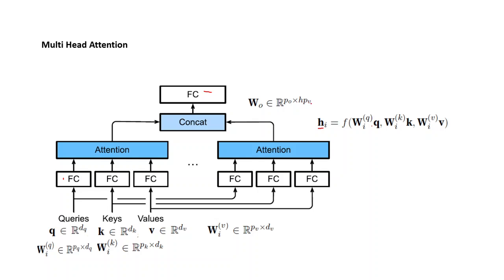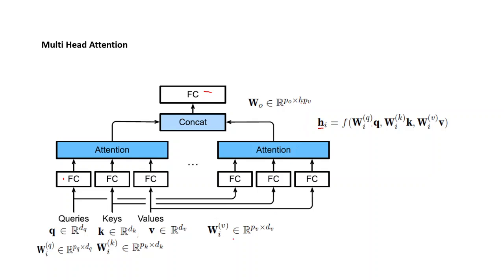Now why h cross pv? It is h cross pv because there are h attention sets that we are considering, and each set is known as a head. We have got h heads. So after concatenation, this will be of dimension h into pv, which is the number of heads multiplied by the output dimension.